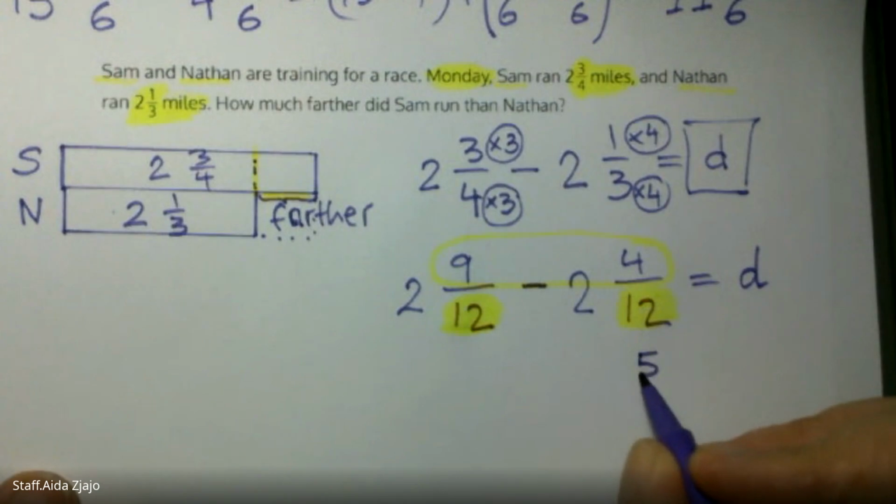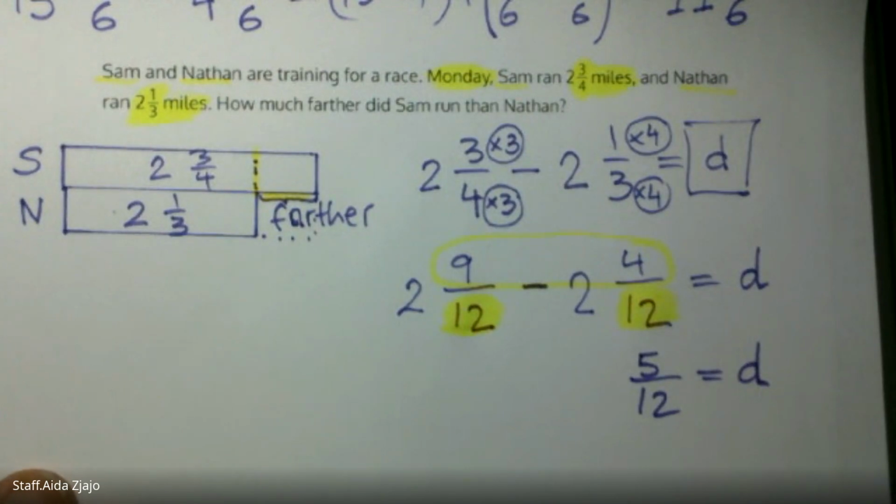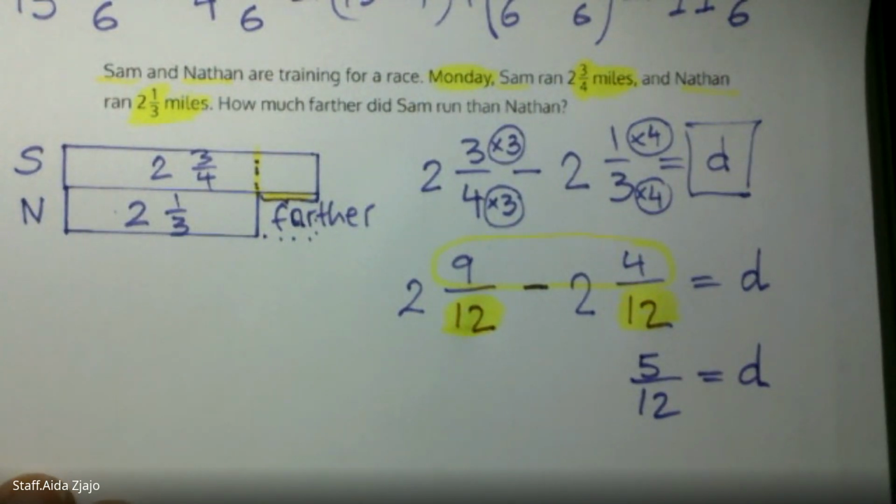So the difference is 5/12. 5/12 of a mile was farther.